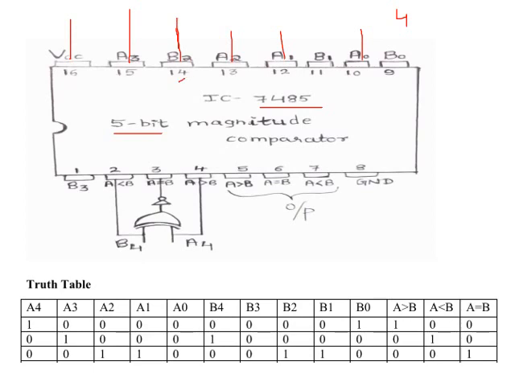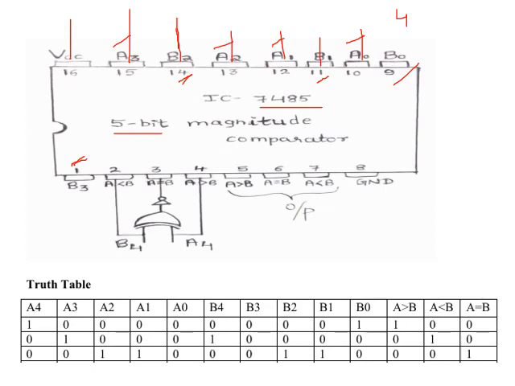Then 1, 14, 11 and 9 are the four inputs for another variable. So we have clearly written this is A3, A2, A1 and A0, and we have to follow the hierarchy of MSB and LSB as it is written here.